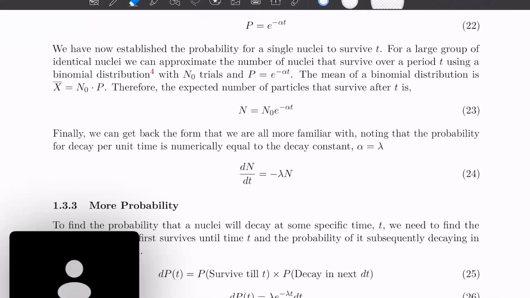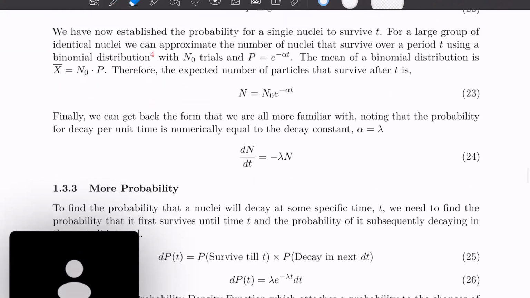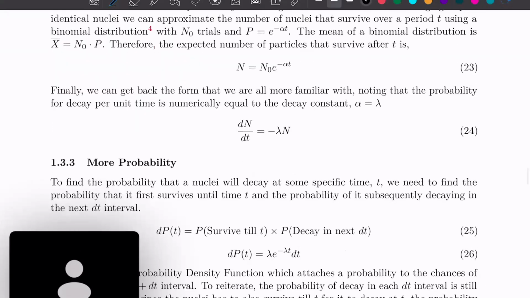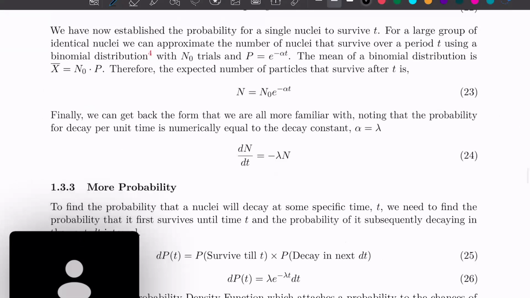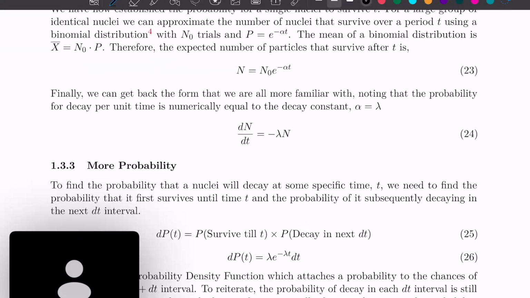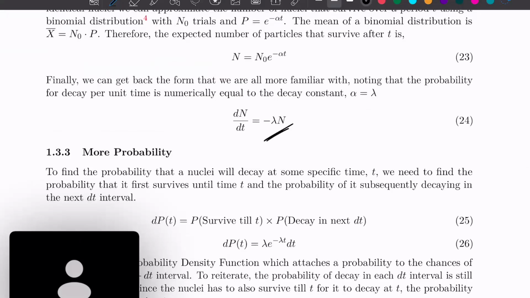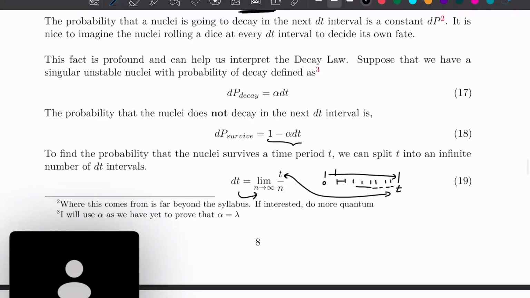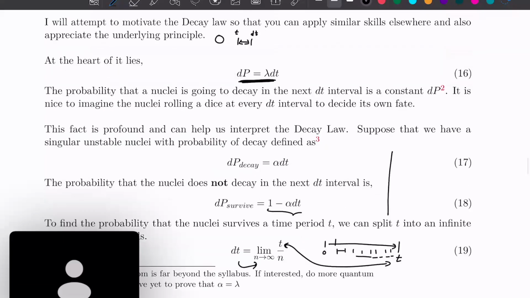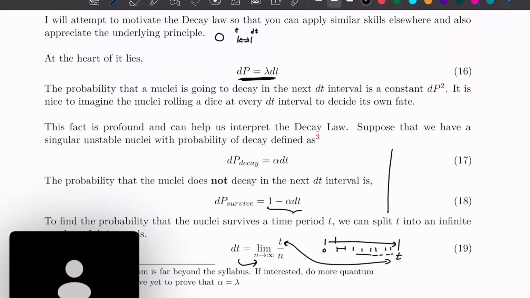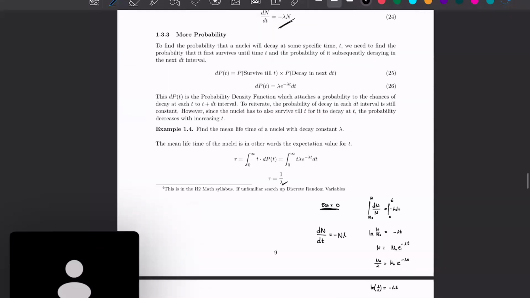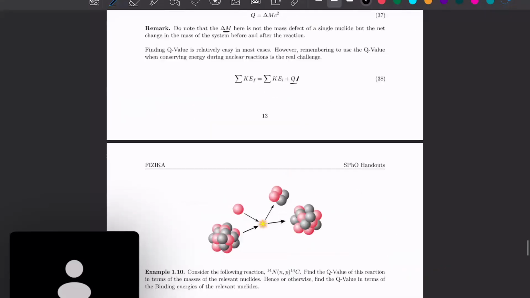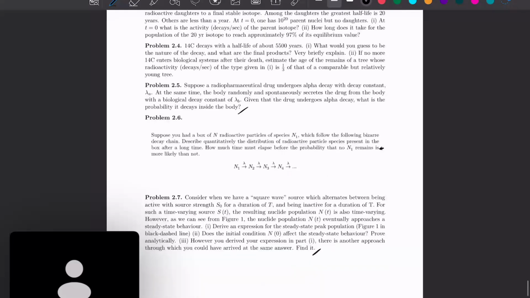You can look through it because it requires some year 6 probability, like the binomial distribution, but basically you can derive this. The point I want to go through is this concept of a constant probability and the idea that the nuclide is rolling a dice at each interval. I think that's a pretty good analogy.